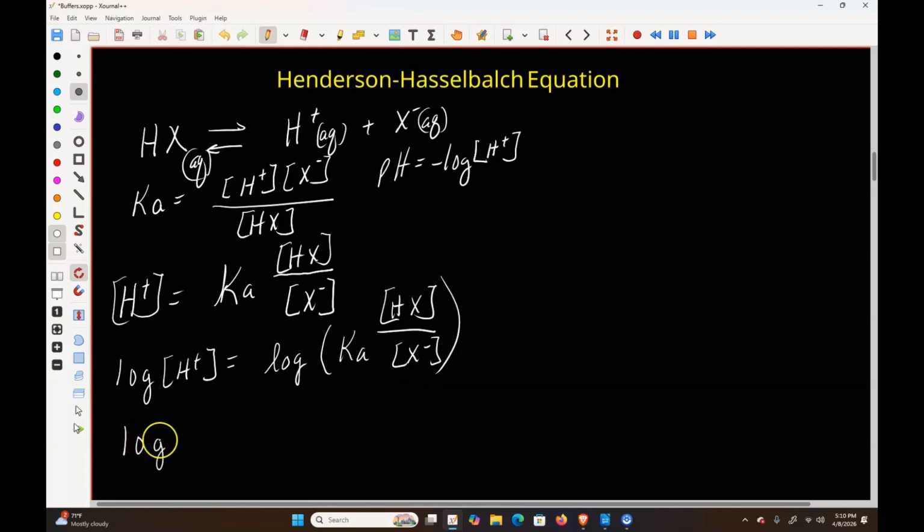So this would be the log of H plus equals the log of Ka minus the log of HX over X negative.